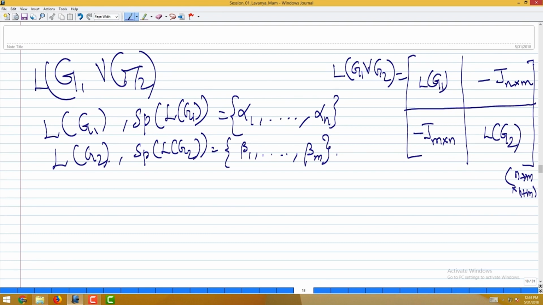Diagonals change, because the degree increases, it is no longer just L of G1. So, this would be L of G1 plus m I n, an n by n identity matrix where every diagonal entry is m, and this would be L of G2 plus n I m. Now can we think about the Laplacian spectrum for this?